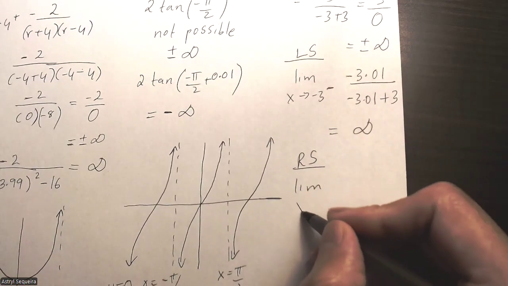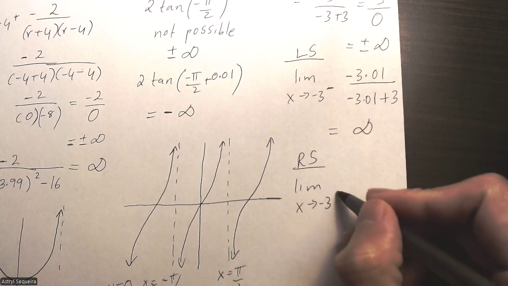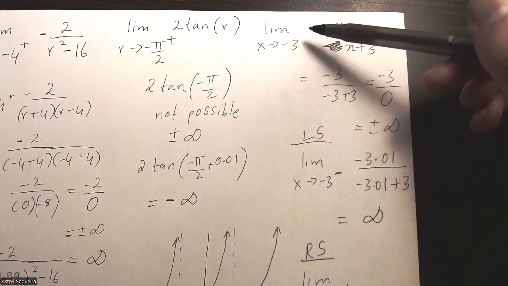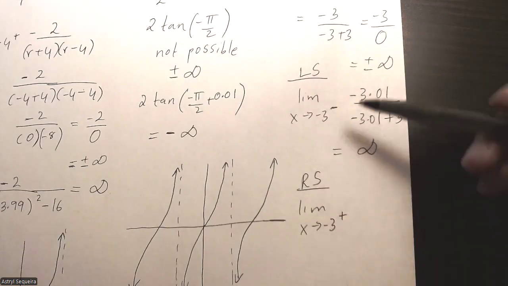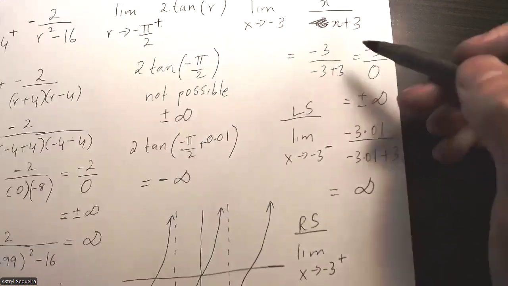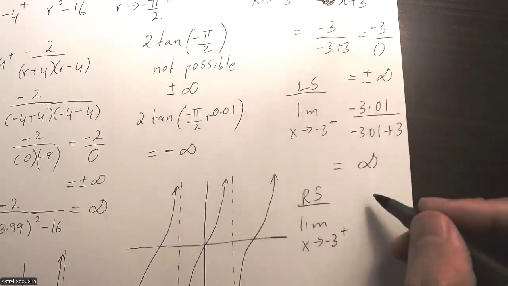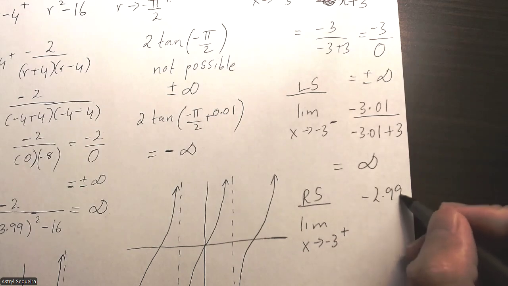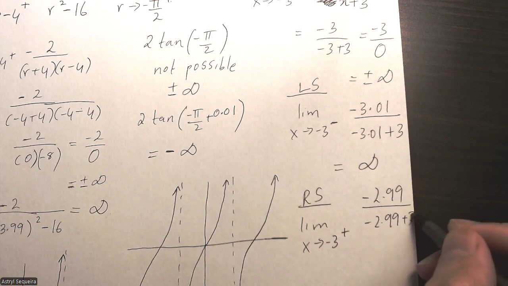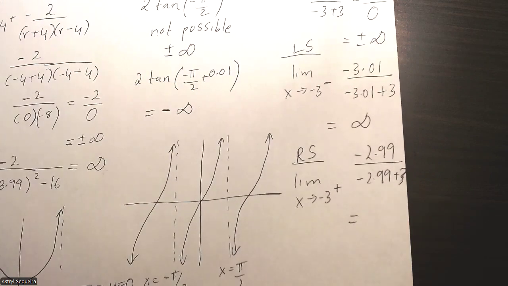Let's do the right-sided limit next. That's lim x approaches -3 from the positive side. Anytime you're at a vertical asymptote and they don't give you a left side or right side limit, you have to do both sides. So I'll pick a value slightly larger than -3, so I'll pick -2.99. I'll put this in my calculator.